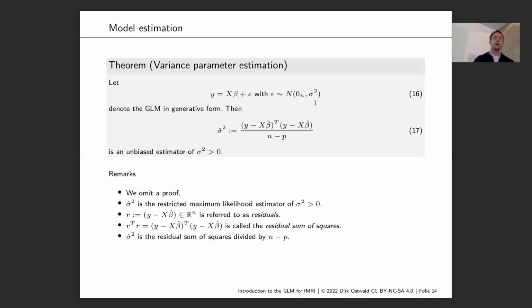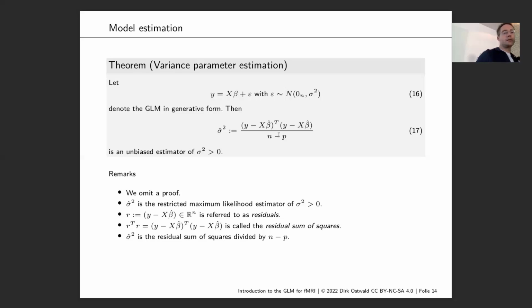If one derives estimators for the variance parameter under maximum likelihood, one doesn't actually end up here. The maximum likelihood estimator for the variance parameter is divided by n. That's the same thing that you all know from computing a sample variance, where you need to divide by n minus 1. That minus 1 is actually the one column of your design matrix, if you want, in a one sample t-test design.